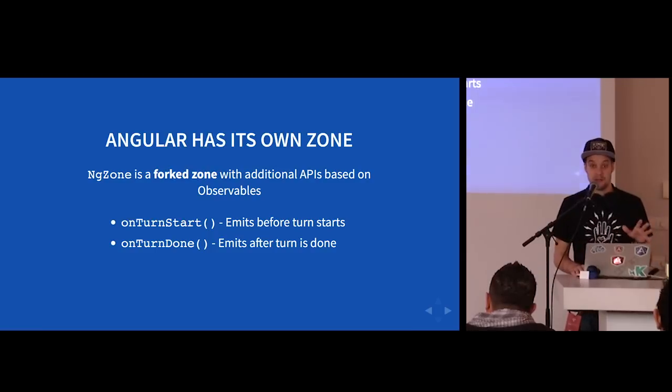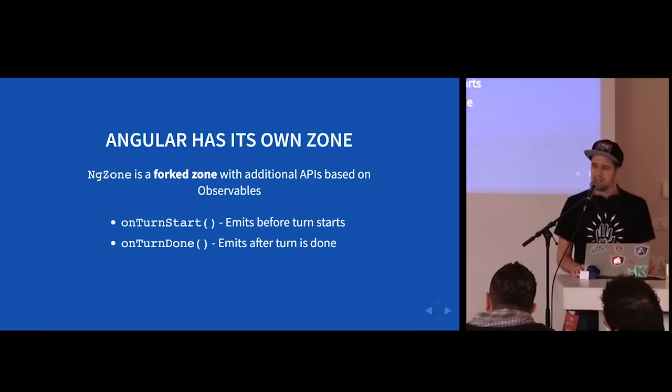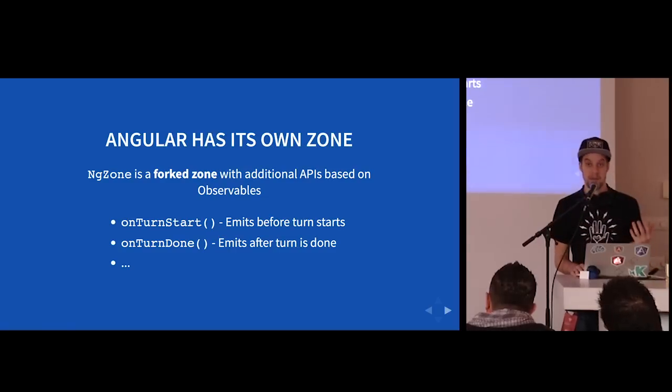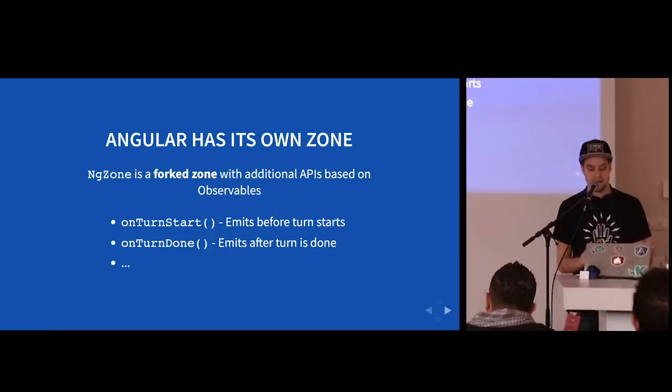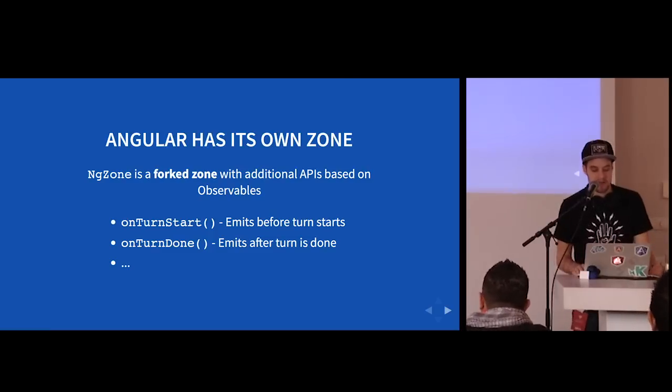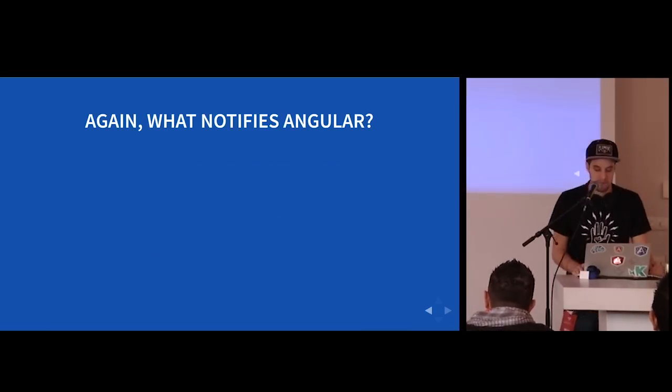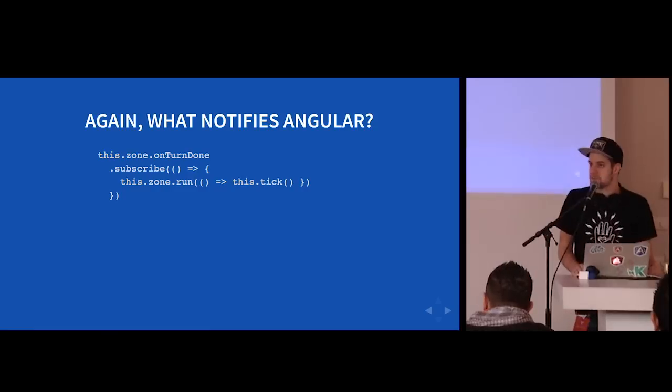But those are the ones that are interesting, because if we take a look at the source code of Angular 2, the actual source that makes it happen, that automatically performs change detection and updates the view, is just a couple of lines of code. So this is essentially what happens. Angular accesses its own zone instance, the NgZone.